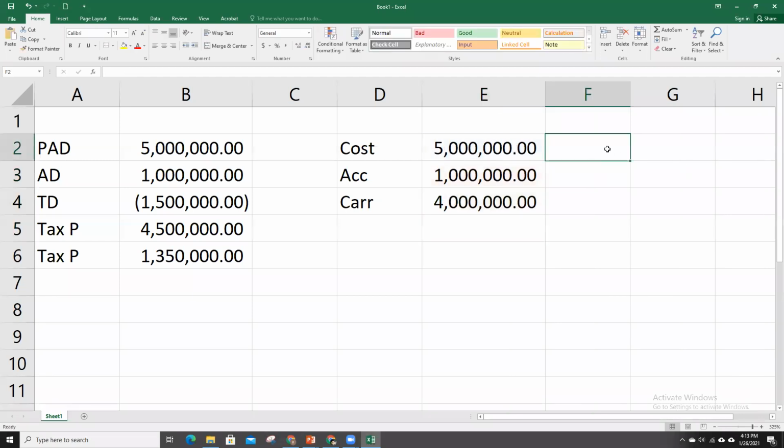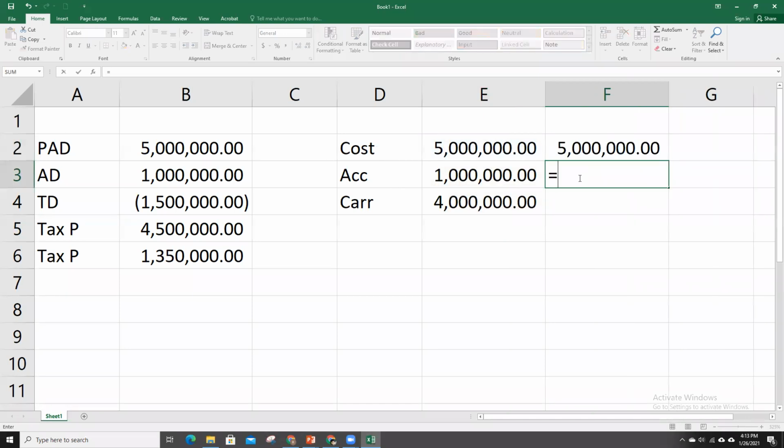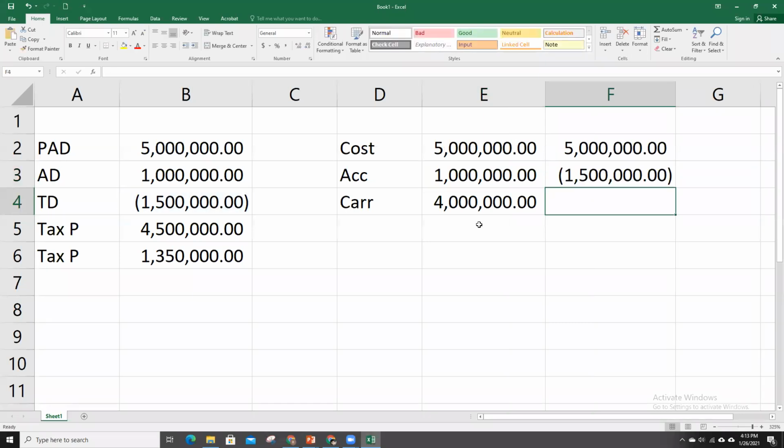And here the cost again is 5 million, and tax depreciation equals 1.5 million. Then how much? 3.5 million, right?